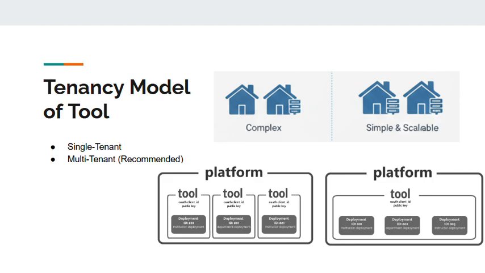When we build an LTI tool, we have to decide how to host it. It can be single tenant or multi-tenant. Think of single tenant as a separate building and dedicated houses for every university that uses the tool. It's secure, but it's a nightmare to manage as it grows.